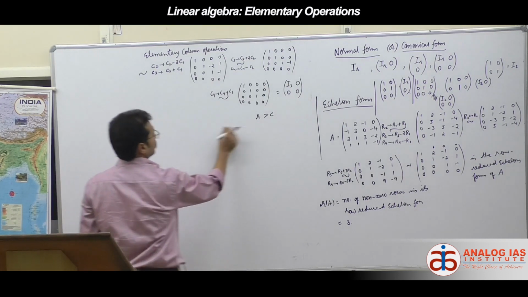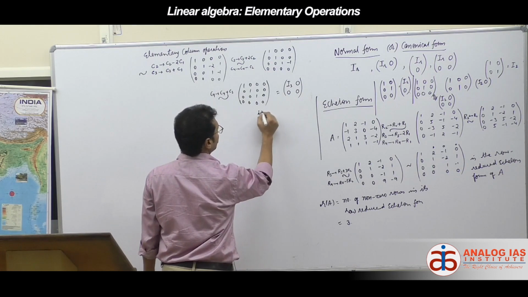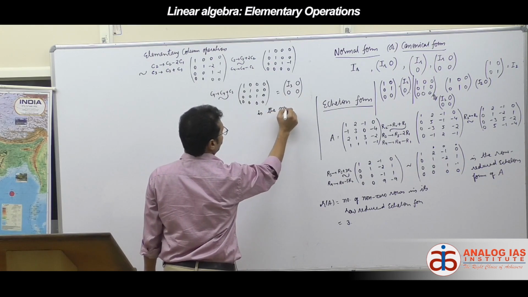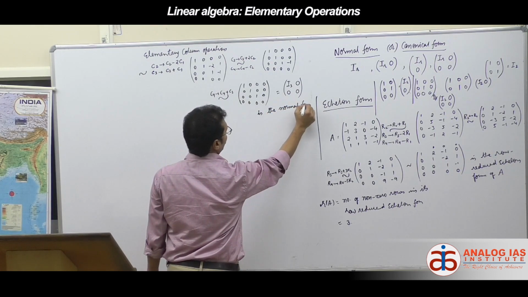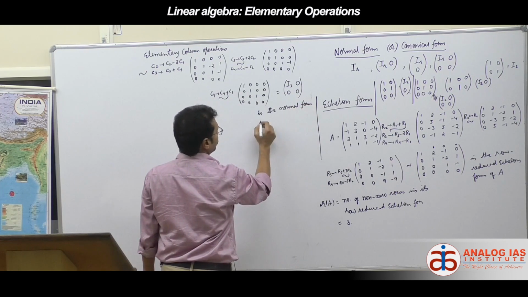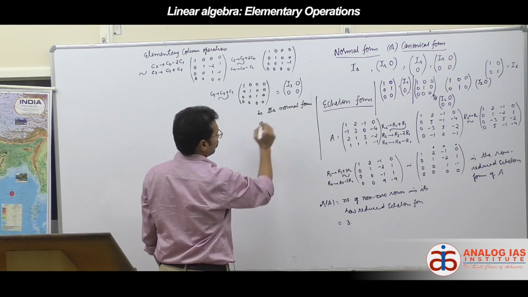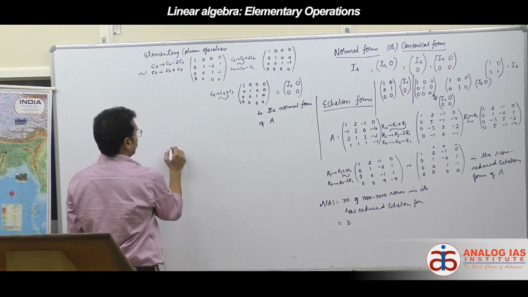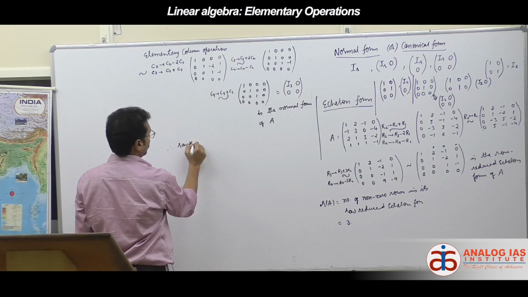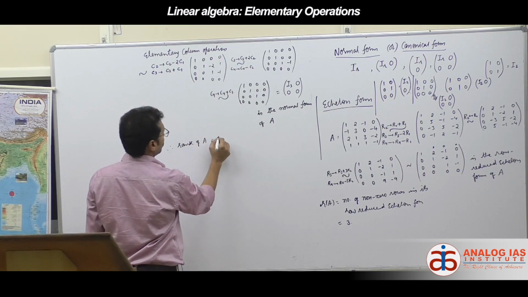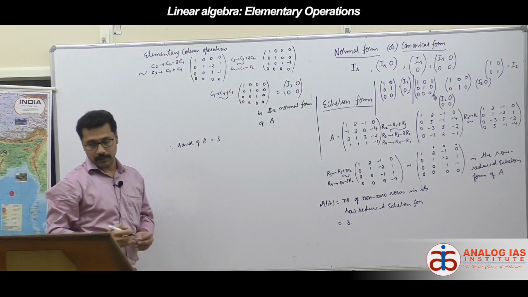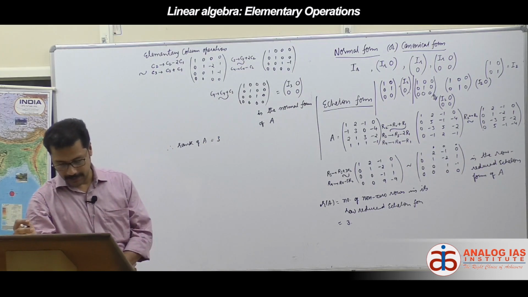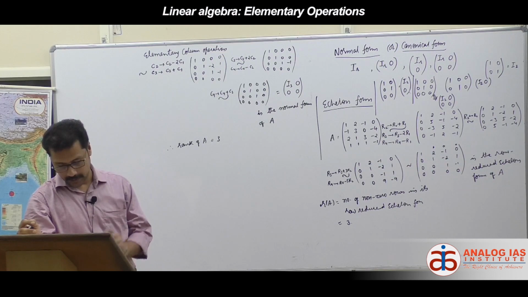Therefore this is the normal form of A, and so the rank of A is equal to 3. Once you convert into normal form, it directly gives us the rank of the matrix.